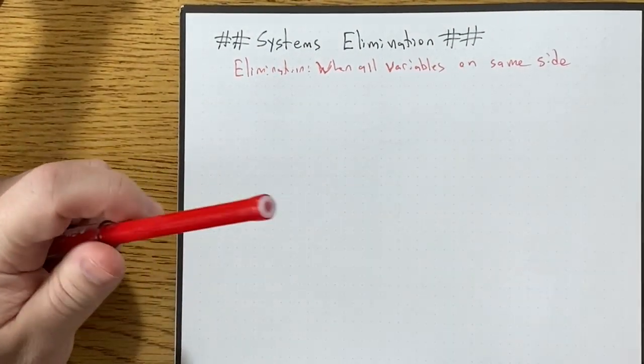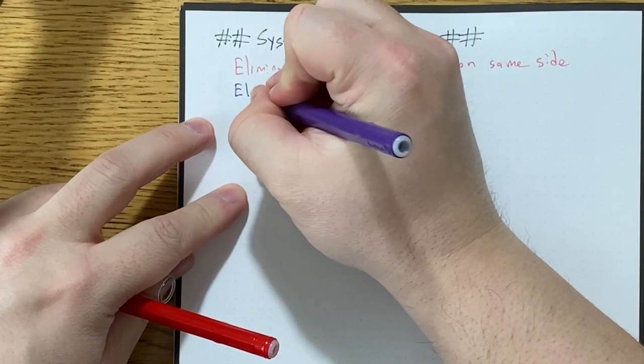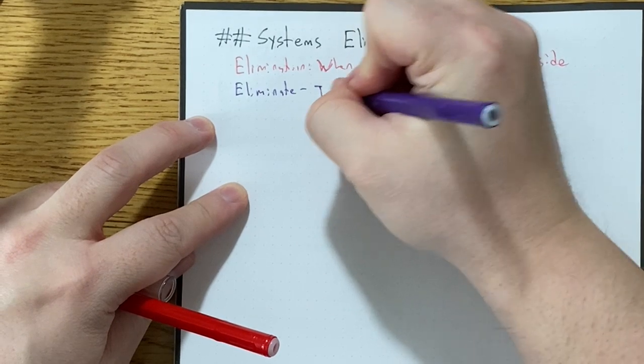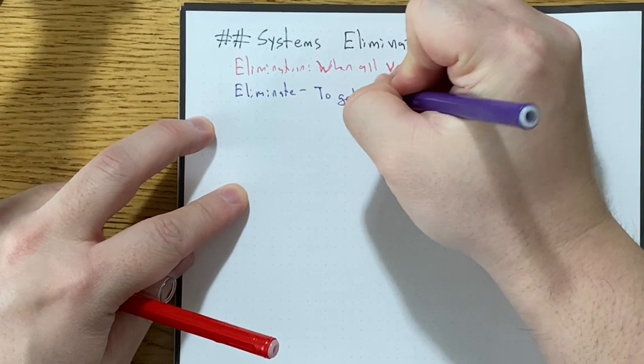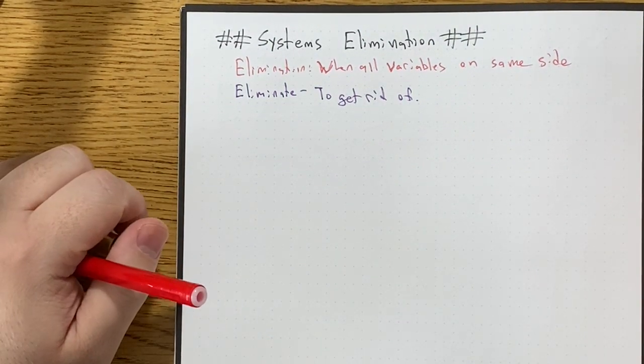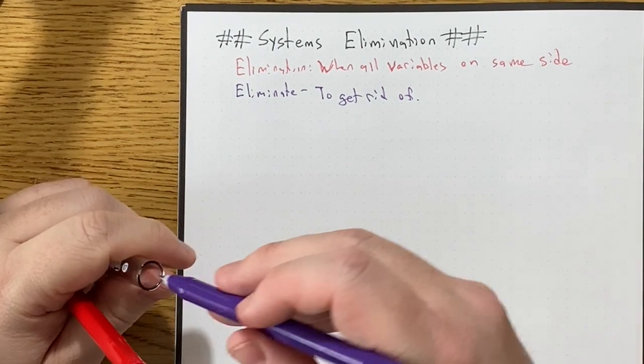Hopefully you know what the word eliminate means, but if you don't, basically to eliminate something means to get rid of it. And the point of using elimination when we're solving for these things is to try to get rid of something to make it easier to solve for the other one.